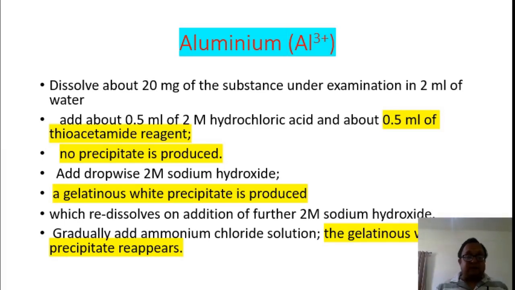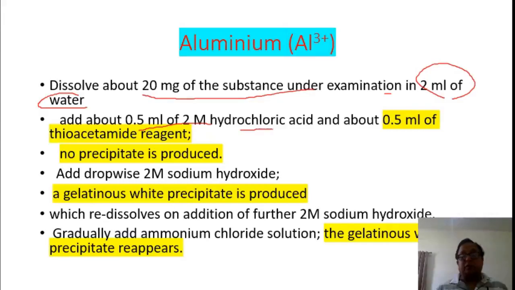In this test, we dissolve 20 milligram of the substance under examination in 2 ml of water. After that, we add 0.5 ml of 2 molar hydrochloric acid and 0.5 ml of the thioacetamide reagent.